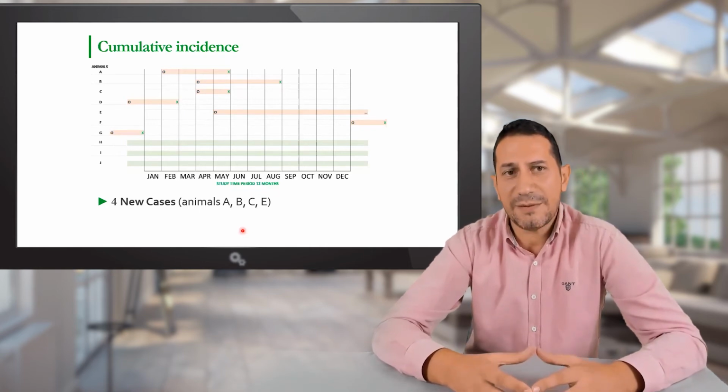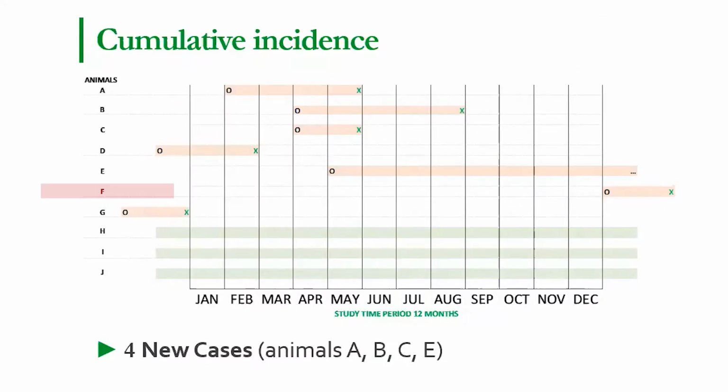Then we have animal F, which during this study contracted the disease after the study, so it's not part of it, was sick the next year, not this year, and so it doesn't count, it's not a new case for this period. And then animal G had the disease before this period and recovered before the study starts.